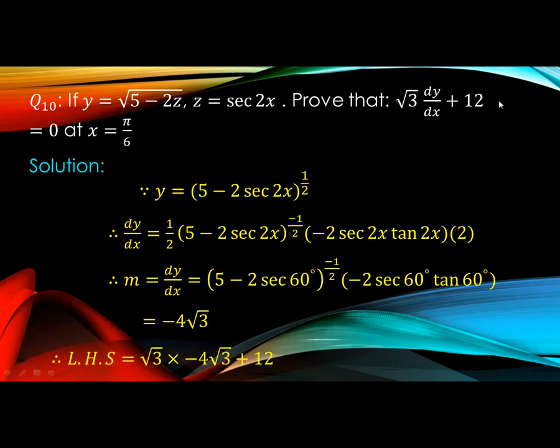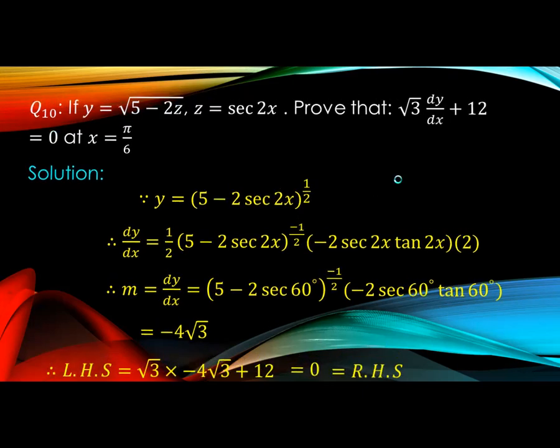Substitute this value in the left hand side of the request, that is root 3 multiplied by dy by dx, its value is negative 4 root 3 plus 12, that is root 3 times root 3 is 3, times negative 4 is negative 12, plus 12 equals 0. It is the value of the right hand side.